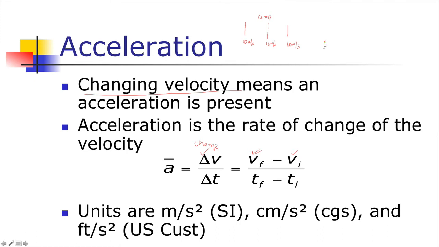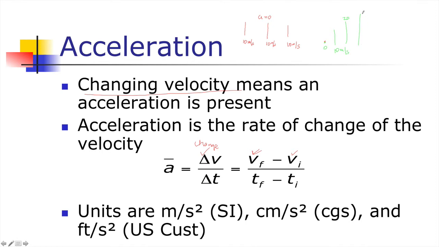It started with 0. After 1 second, his velocity was 10. After 2 seconds, its velocity was 20. It means it's increasing. After the 3rd second, its velocity is 30.